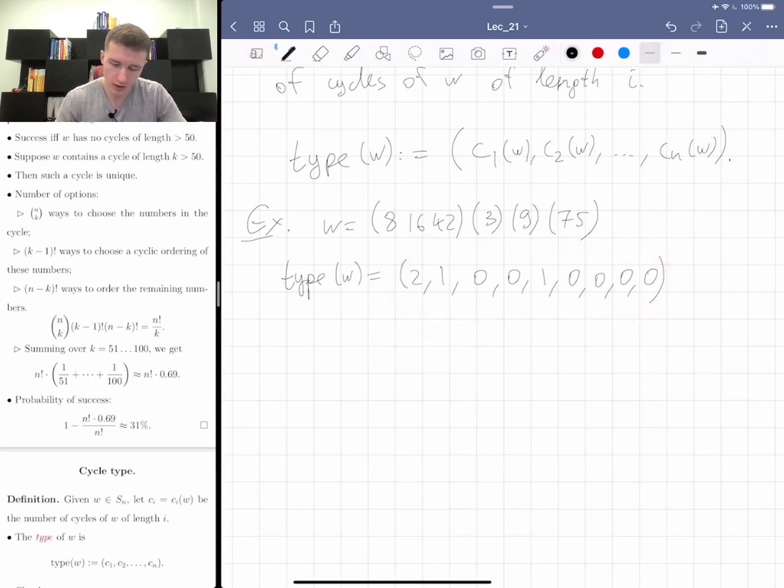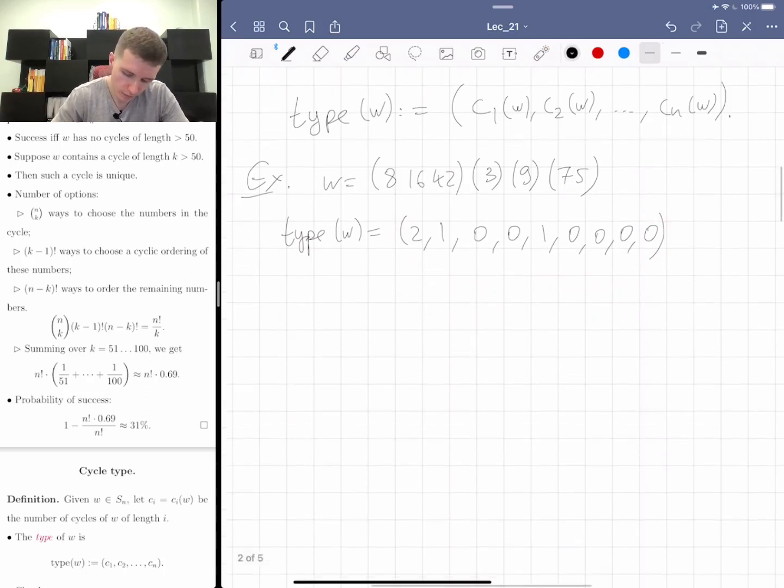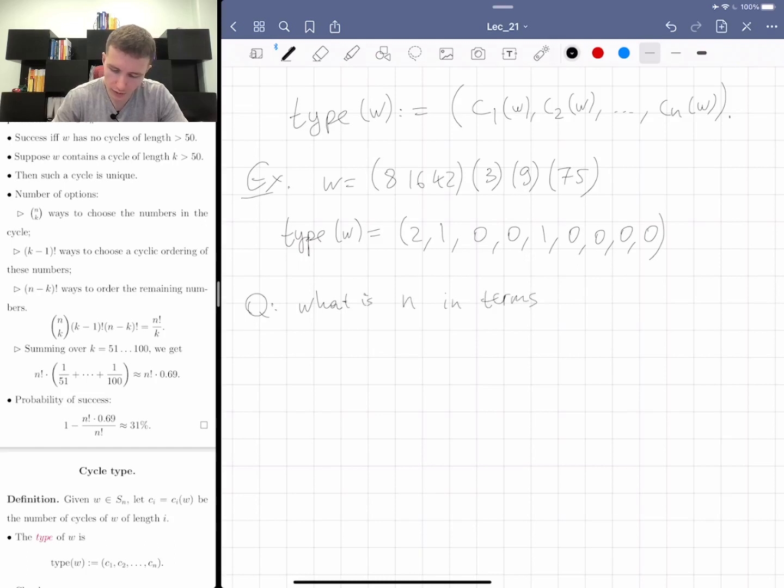And the first question is, how to recover n in terms of this type of W. So if I just show you the sequence here, how do you know that n is equal to 9? And of course, this is not too hard.